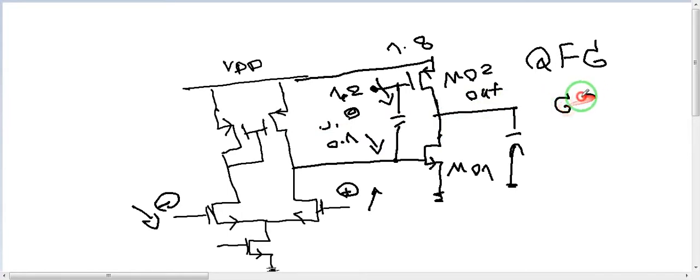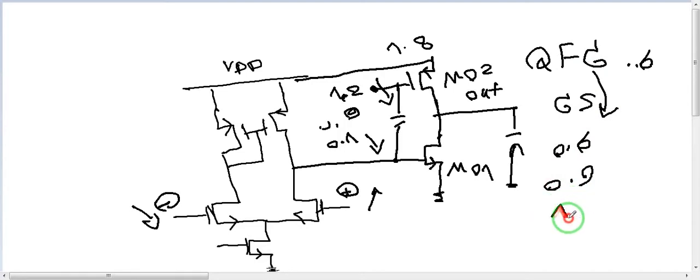So it will not be this number. In quasi-floating, the gate source will be numbers like this, and maybe even 1.1, and so on.